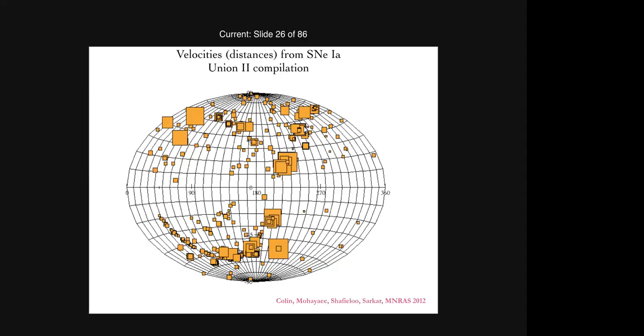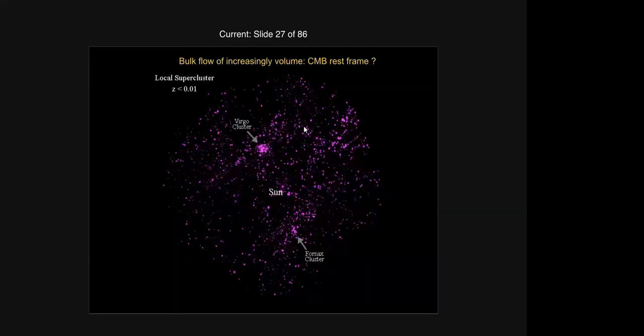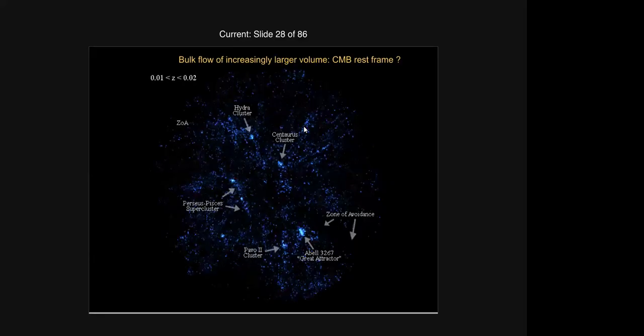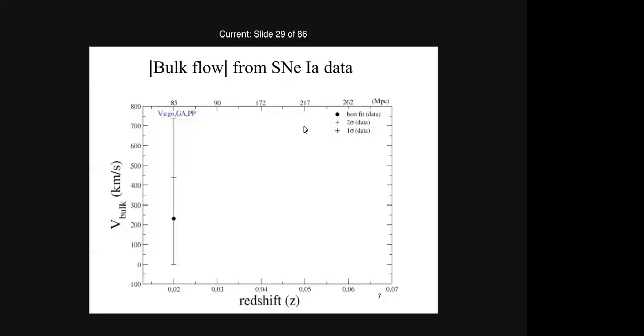So we took this bunch of supernovae for which we had the measured velocity, and we tried to see what is the velocity of these larger and larger volumes around us. And this is the very first bunch of objects at redshift below 0.01. This is the Virgo cluster. And then I go further away, and I've got Hydra and Centaurus, and this is the velocity that they create.